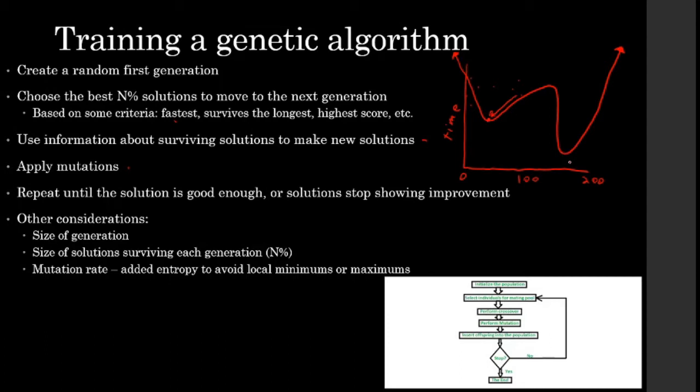This is just a local minimum, so we want to find the global minimum. Without mutation, we're only going to have solutions here if we have them at the beginning. But with mutation, we'll have a few outliers in every generation, and hopefully they would start getting faster than the path that the generation is going down, and eventually it would shift over to finding solutions over here.